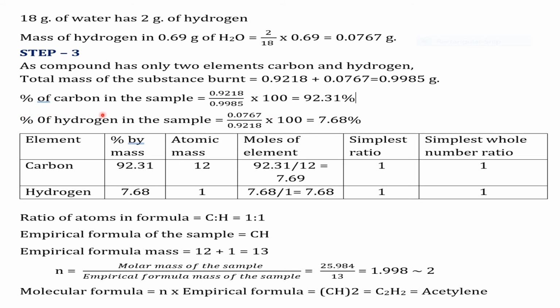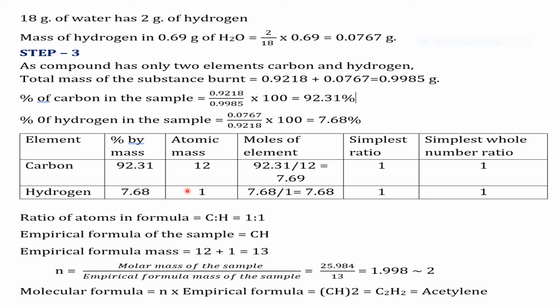So the percentage of carbon in the sample is calculated as 92.31 and the percentage of hydrogen as 7.68. Now let us take this information in a tabular form. Elements present are carbon and hydrogen, with percentage mass 92.31 and 7.68.